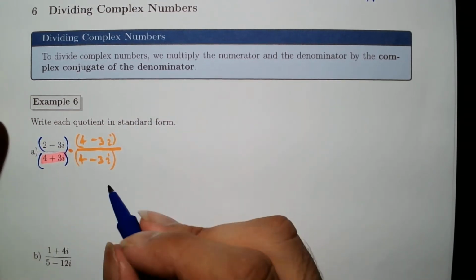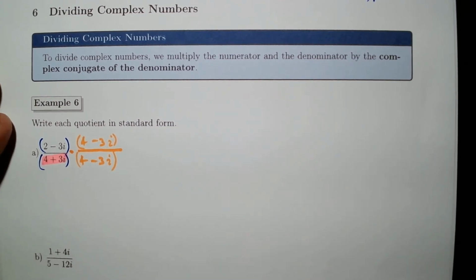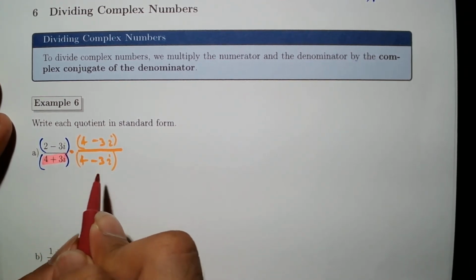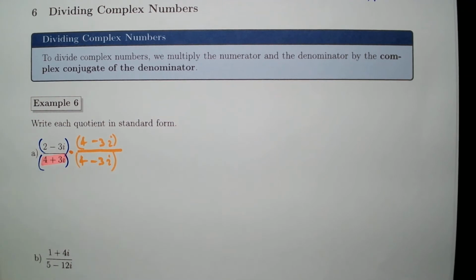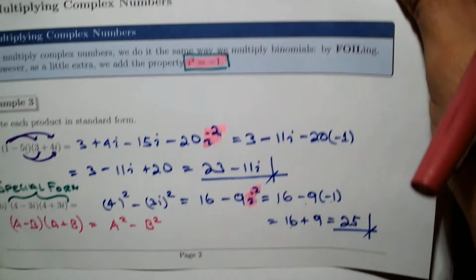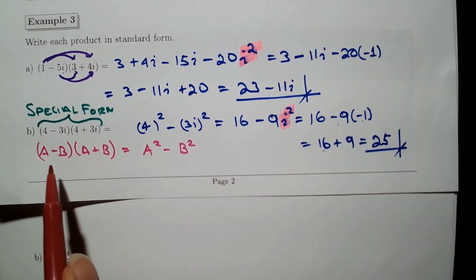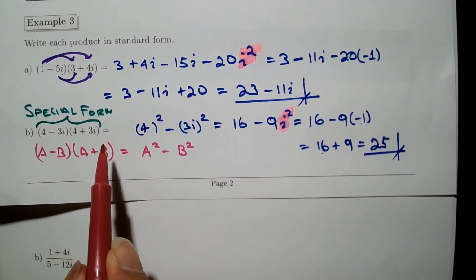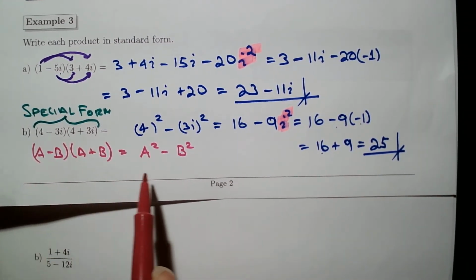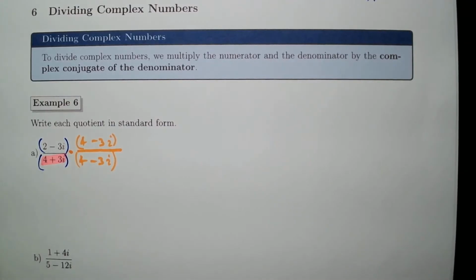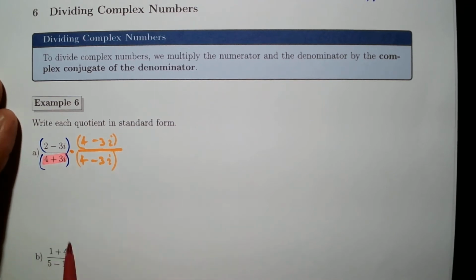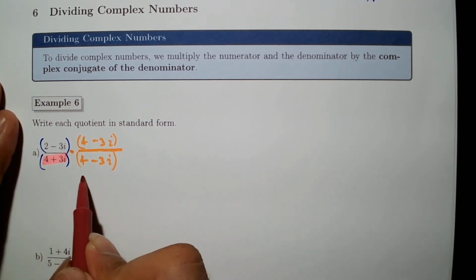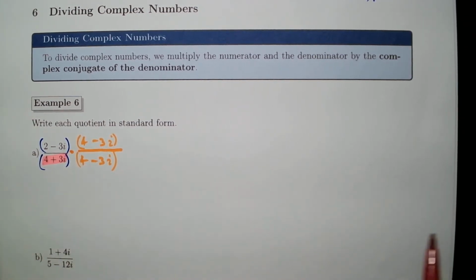Now, in the denominator, we are going to take advantage of the property that we looked at in the previous page. If you remember, in fact, we already got the answer to this. 4 minus 3i, 4 plus 3i, and then use the difference of squares form. We do that in an effort to save time. However, if you want to do all the FOILing, that is fine.